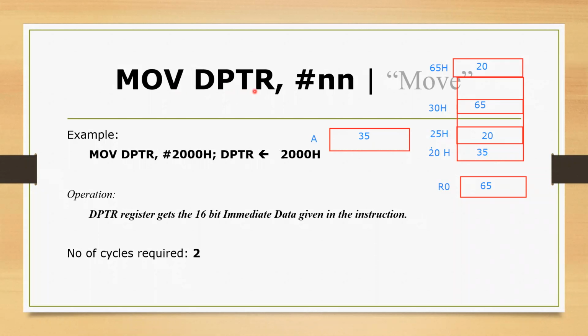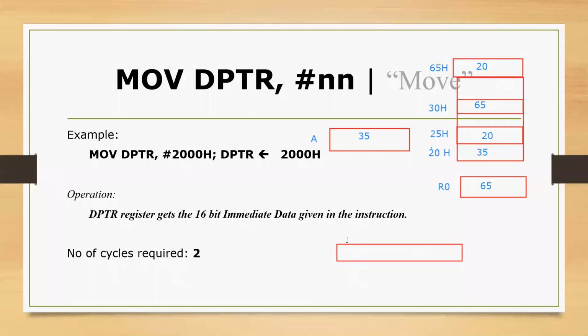So move dptr comma #mn. Here dptr is a 16-bit register. So we are copying 16 bits of data to the dptr register.